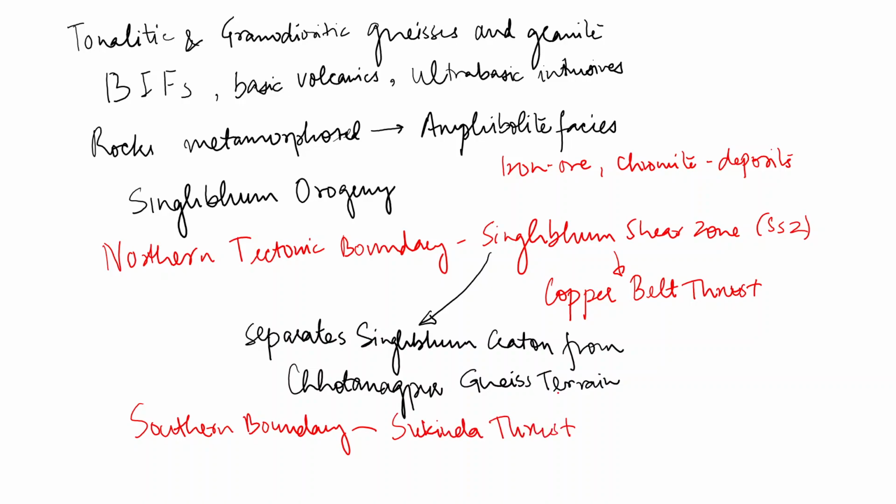And all of us are aware that Sukinda is a huge deposit of chromite, the Sukinda chromites. Okay. So you can see that the northern tectonic boundary has copper deposits, and the southern tectonic boundary has chromite deposits.